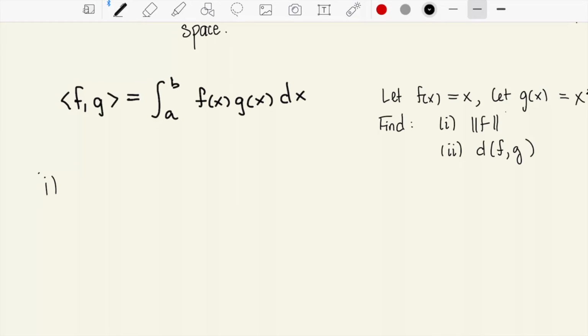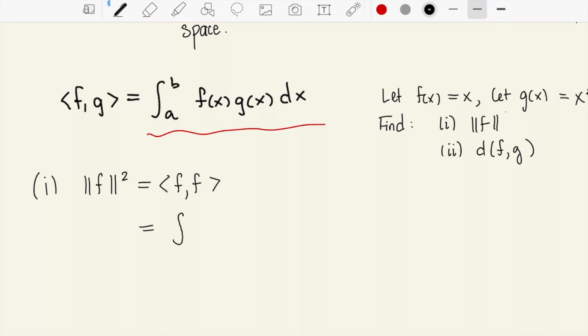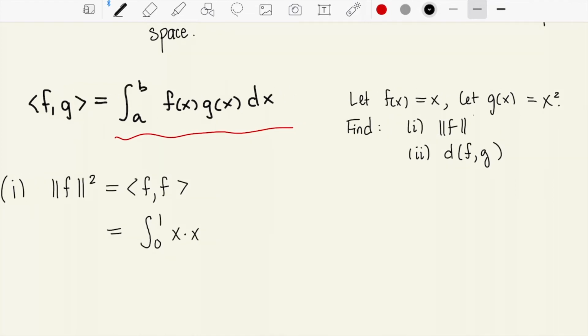Again, we're going to be looking at an inner product of f with itself. In particular, the length of f squared is the inner product of f with f. And here we need to use an inner product appropriate to the space, the definite integral. When we use this expression, both f and g are set equal to f. So that means we will be taking the definite integral from 0 to 1 of x times x, because in this problem, f of x is x, dx.